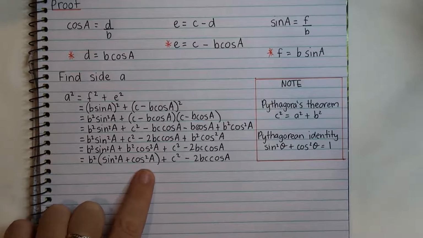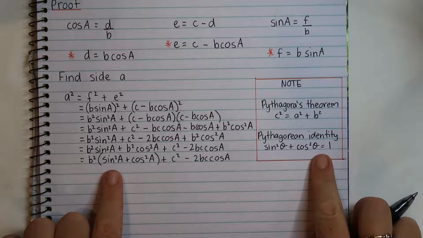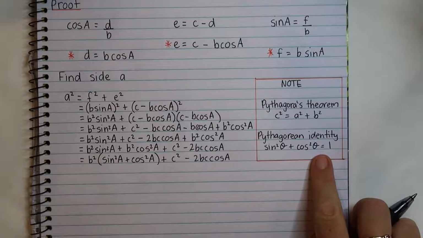So in our brackets, sine squared plus cosine squared of any angle is always 1. And this is a Pythagorean identity.